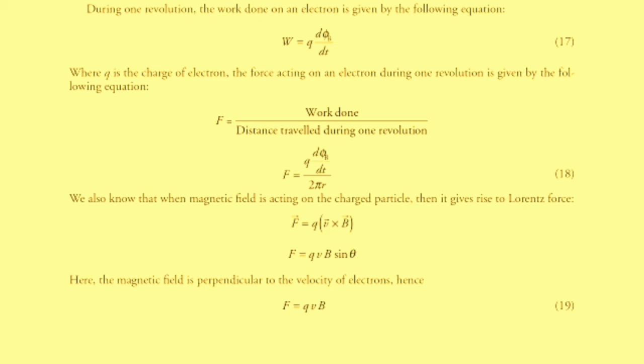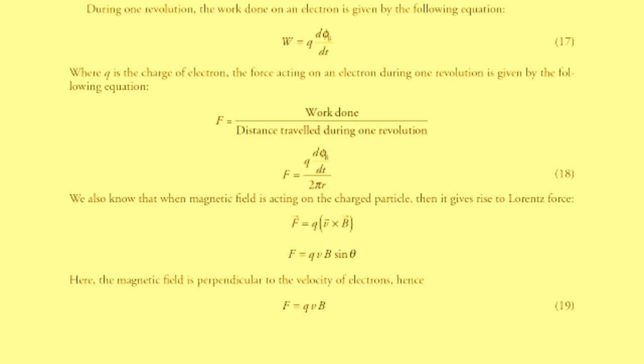Now, during one revolution, the work done on an electron is given by the equation W is equal to Q d phi B upon dt, where Q is the charge of the electron.